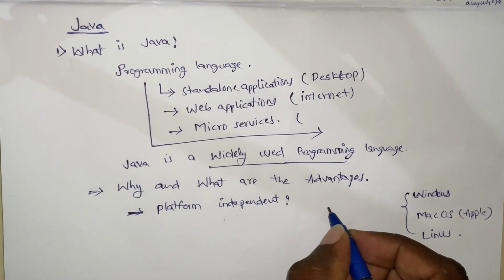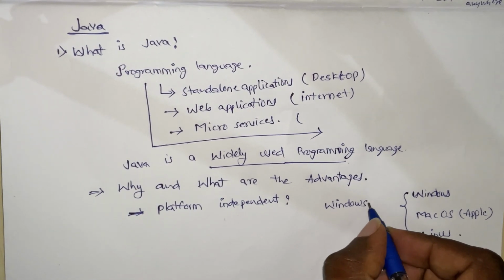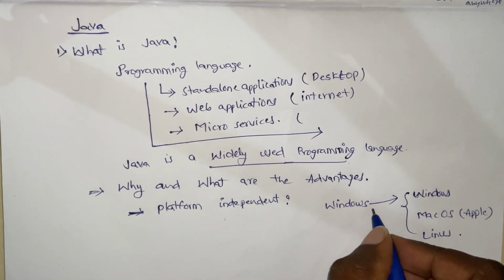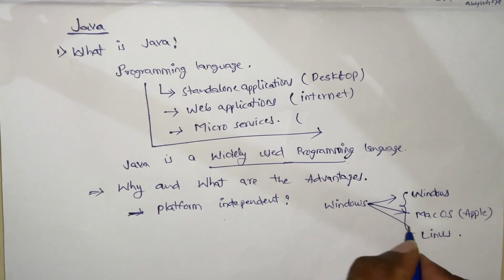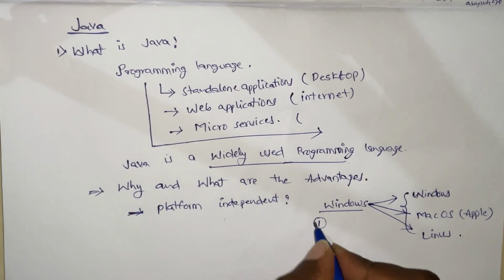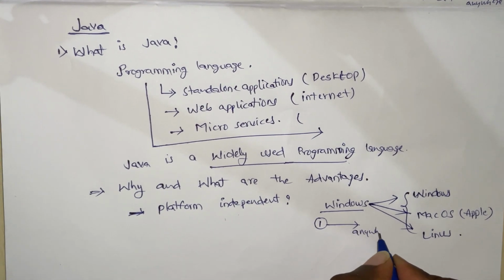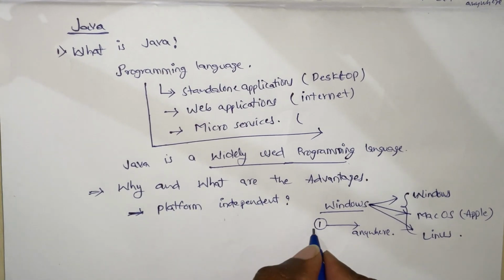Consider if you are writing code on a Windows machine, it can be compatible with Windows as well as Mac OS as well as Linux. That means if you write code in one operating system, it can be used anywhere. So this is called platform independent.